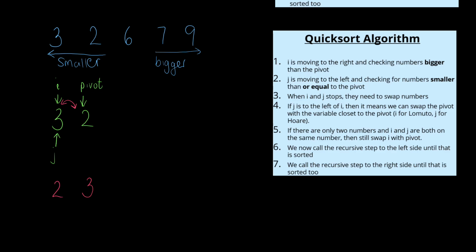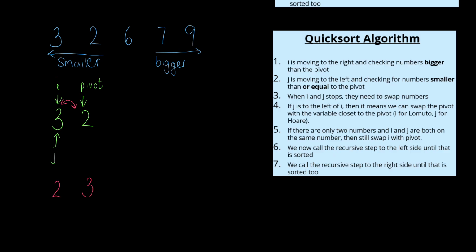Now what would naturally happen is that on the left side of 2 there is nothing to sort, but on the right side of 2 there's the number 3. So ideally speaking, it would do a recursive call on 3. But because 3 is the only number, you're only swapping 3 with 3. So in this situation, we've sorted the left side.